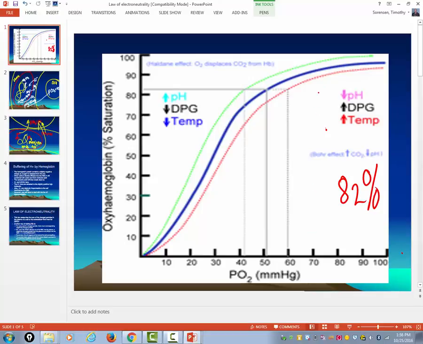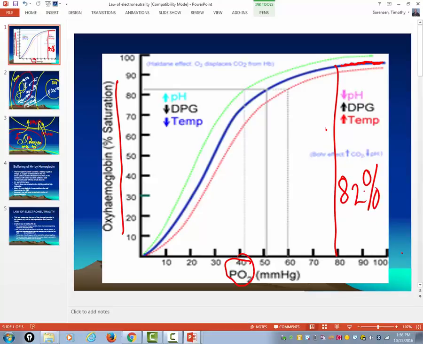If you look, there is very little difference in terms of the saturation of a red blood cell. So look, here's the saturation of a red blood cell, and here's PO2. I explained to you that the PO2 of the environment is between 80 and 100, right?